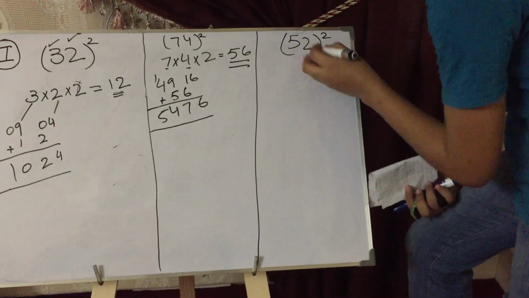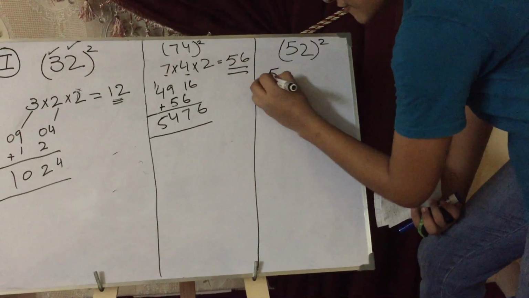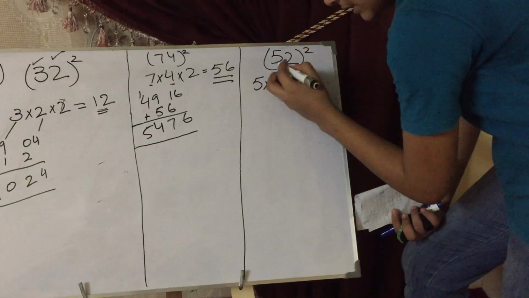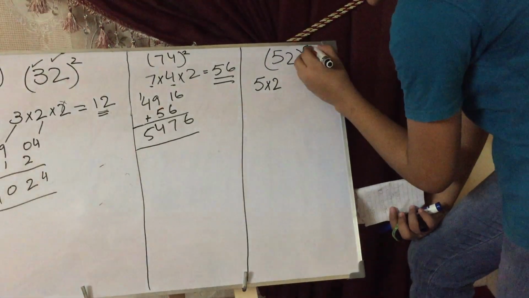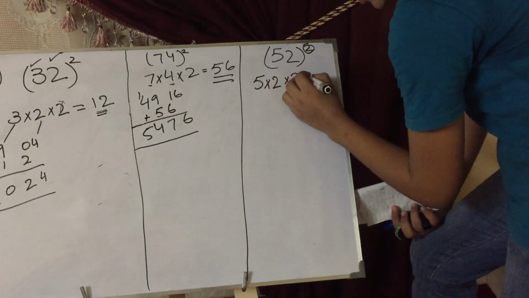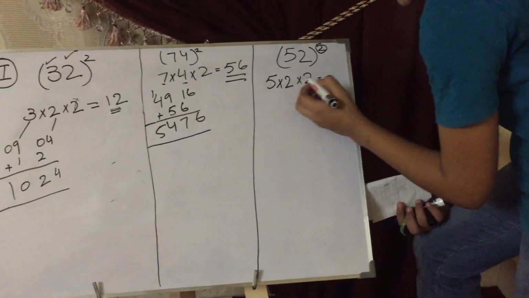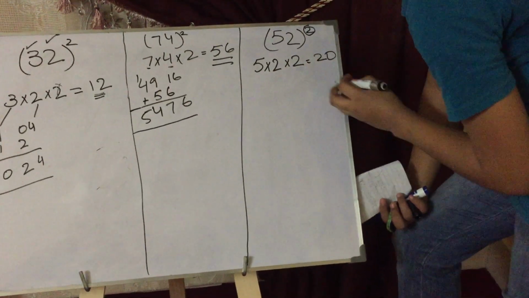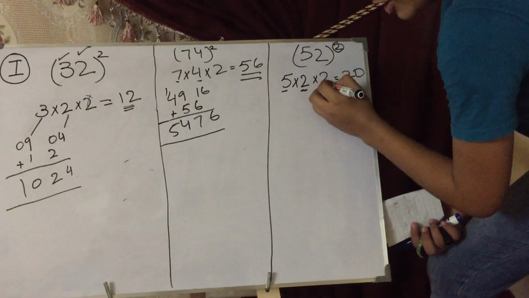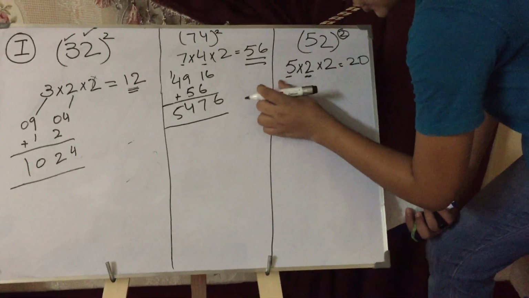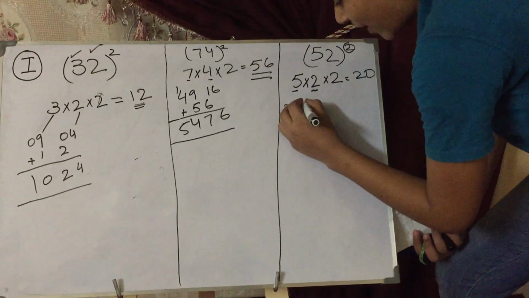Again, I am telling you, 5 multiplied by 2, these two numbers are multiplied, and then we multiply again by the square, multiply by 2. What's the answer? 5 times 2 is 10, 10 times 2 is 20. If you take out the square of 5 and 2, don't touch this number. 5 square is 25.